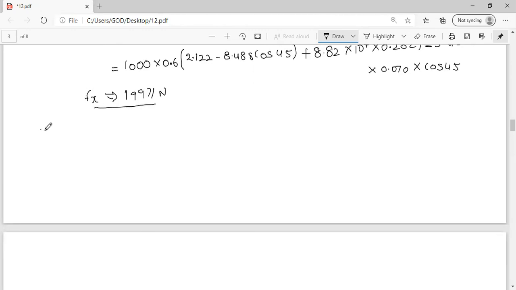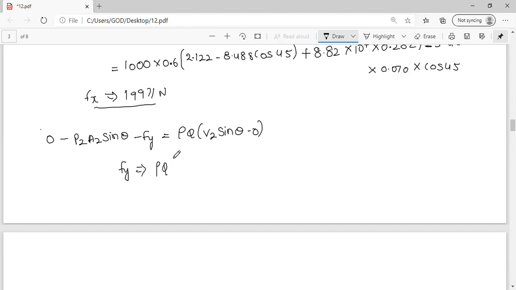Similarly, I can write the force along y direction. The force along y direction can be written as: we know at entrance 0 force, minus P2A2 sine theta, minus Fy is equals to rho Q into V2 sine theta minus 0. From this I can write the force along y direction is equals to rho Q into minus V2 sine theta, minus P2A2 sine theta.